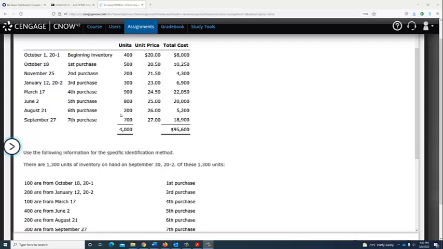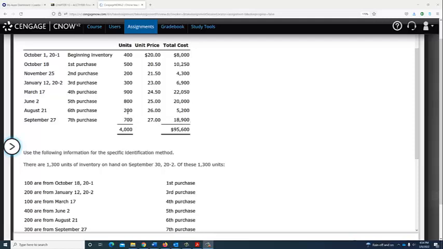So under FIFO, the first 2,700 were sold and the last 1,300 are still in ending inventory. Now we need to apply a value to those 1,300. So I'm going to start with my last purchase. 700 at 27 cost $18,900.